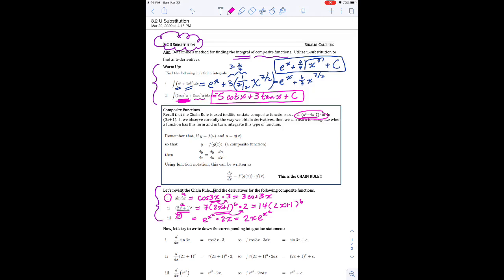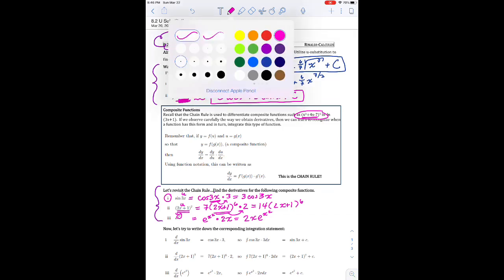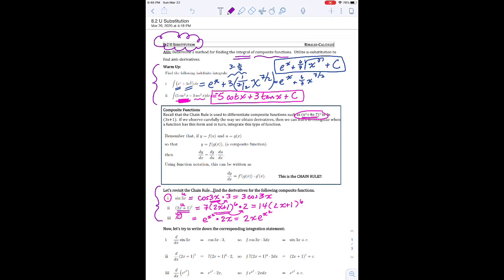So in the same mindset, now that we're talking about integrals, we're talking about going backwards. So here's this all written just in integral notation, meaning if the derivative of sine of 3x is cosine of 3x times 3, then the antiderivative, or the integral of cosine of 3x times 3, is sine of 3x plus c. So this is going forward with derivative.